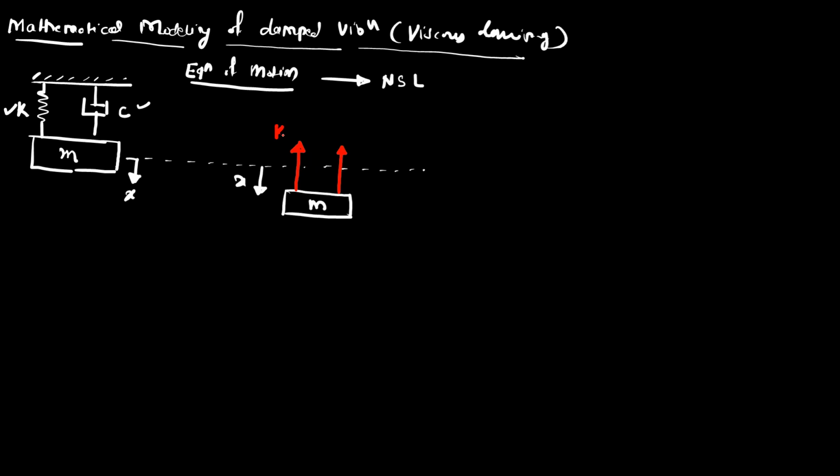The spring force Fk is equal to Kx, and the damping resistance Fd is equal to C into x dot, that is the velocity. This is the damping resistance Fd, offered by the damper C.